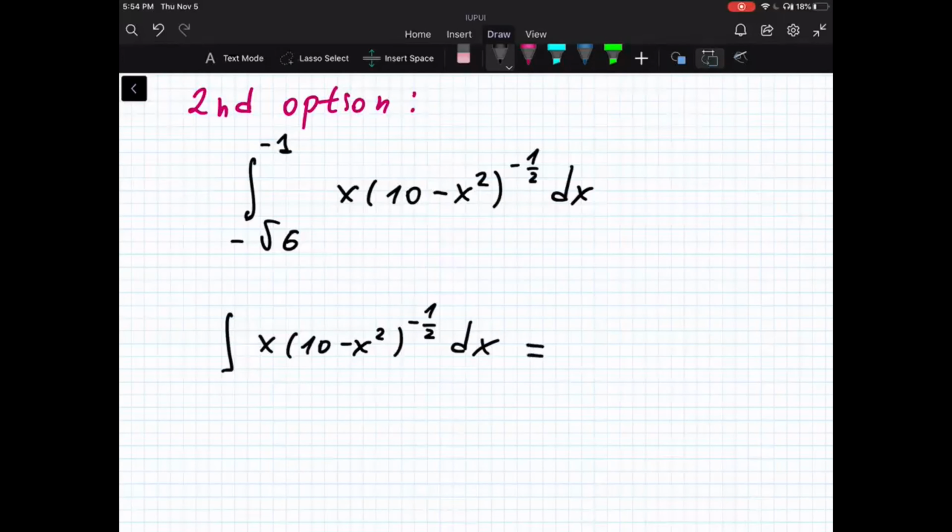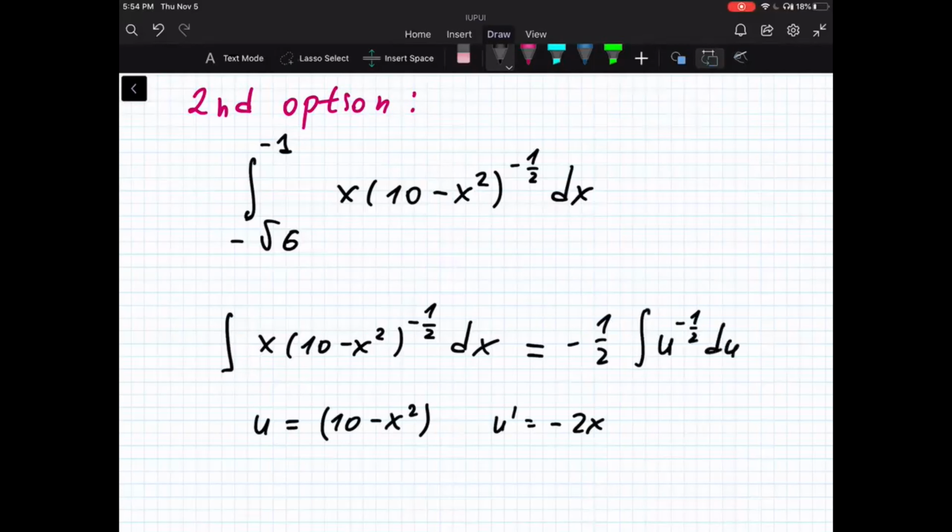And repeating the same steps, so again, my u is 10 minus x squared, u prime is minus 2x, and so on. I will obtain that this integral is the same as minus 1/2 integral u to the power minus 1/2 du. Since it's indefinite integral, I have no problems with limits.